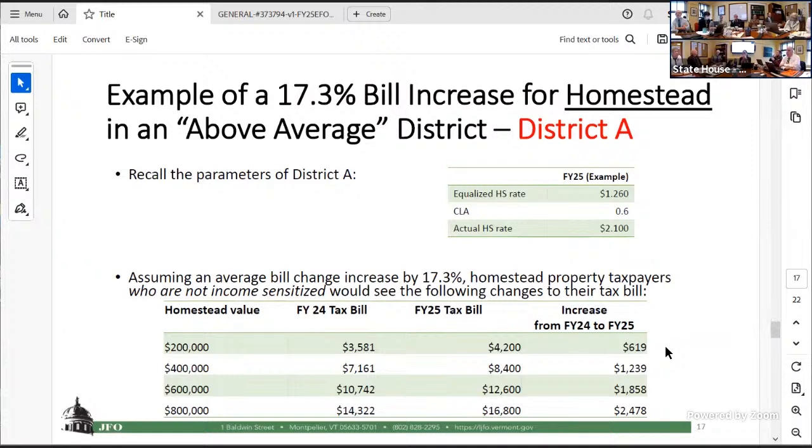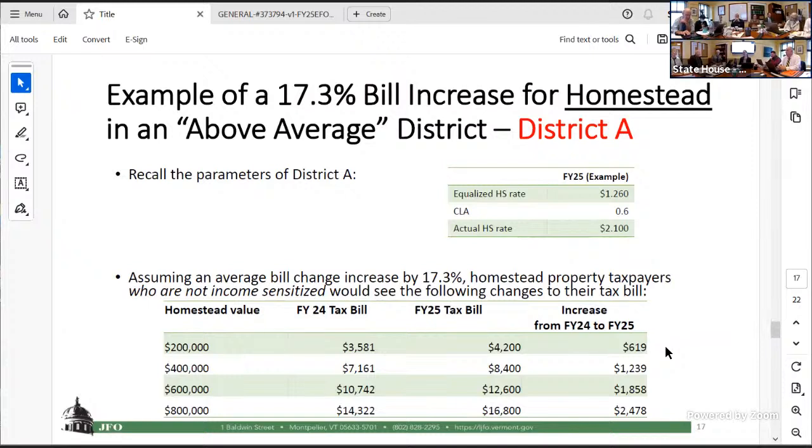So it makes it worse on the remainder, the 34% that are left. Looking at the impact on these high level earners and people who live in expensive properties and who don't qualify for income sensitivity, someone's going to have to pick up that tab. And you see where I'm going?